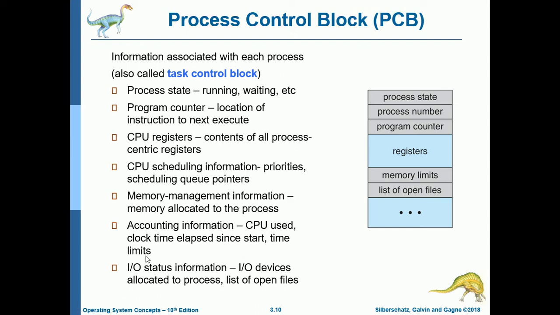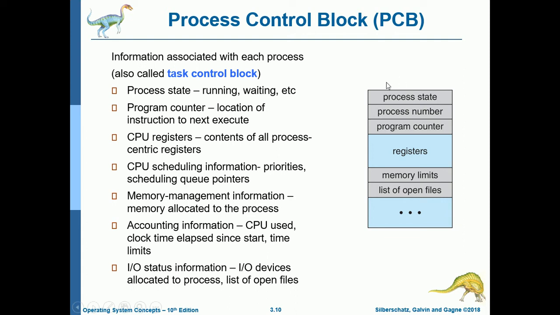Then the program counter, location of the instruction to execute next, and CPU registers, contents of all process-centric registers, and CPU scheduling information, priorities, scheduling queue pointers, and memory management information, the memory allocated to the process. And then we also have accounting information, the CPU used, clock time elapsed since start, time limits, and the input-output status information, I/O devices allocated to the process, list of open files.